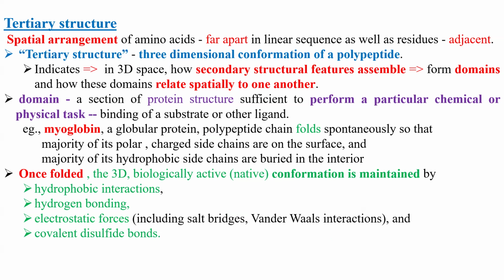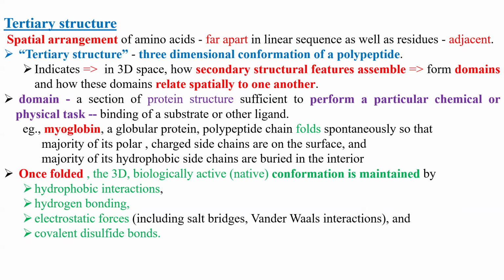Remember, in some previous videos we talked about the different types of proteins based on their solubility: globular proteins and fibrous proteins. In globular proteins, hydrophilic amino acids will be exposed to the surface, while non-polar, hydrophobic amino acids will be buried in the interior so that they do not have access to water molecules.